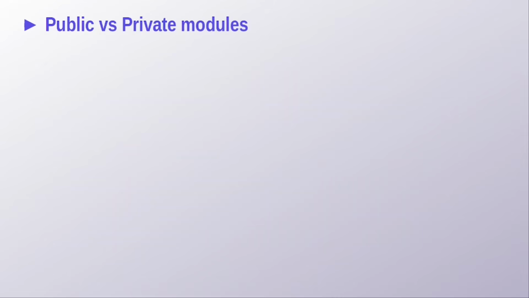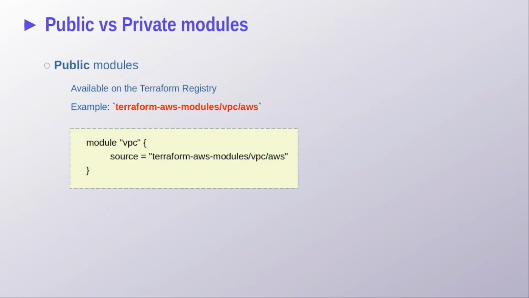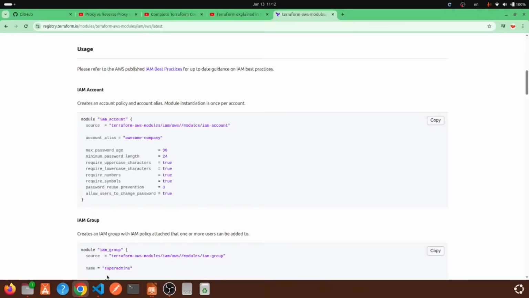Public and private modules. Public modules are available on the Terraform registry. For example, they are well tested and community supported. The cons: they are very generic and hard to customize deeply.